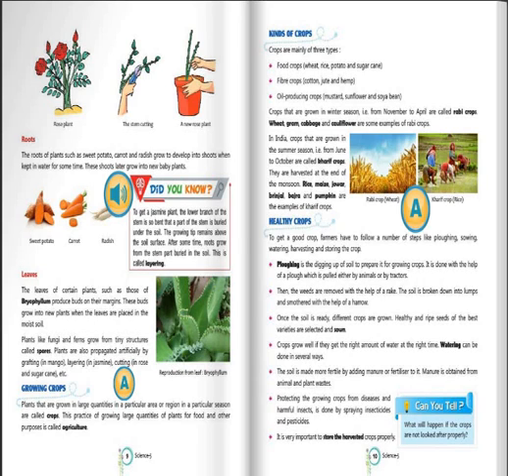So let's move forward. Now in this section we are going to learn about agriculture and how to grow crops. So first let's see what crops are. Plants that grow in large quantities in a particular area or region in a particular season are called crops.